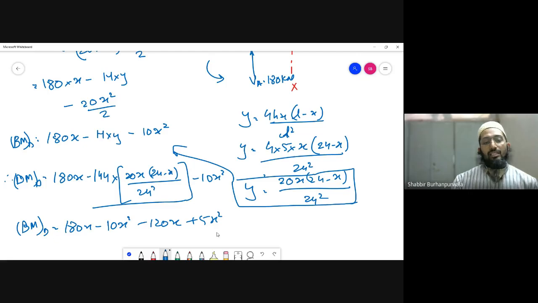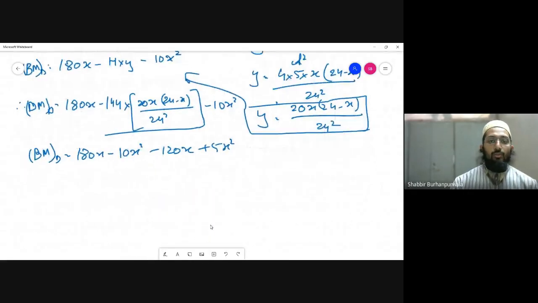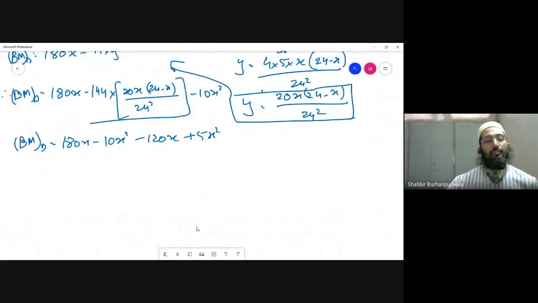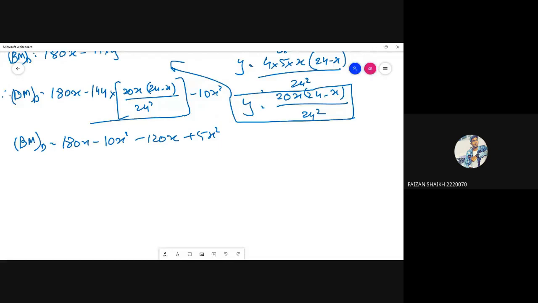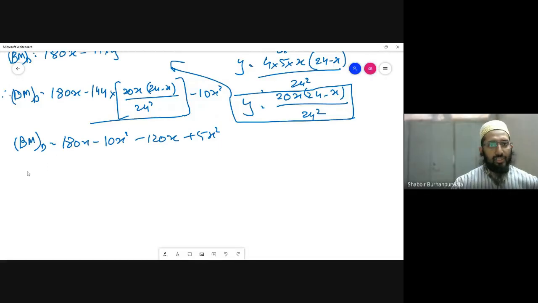Okay, please check this equation whether it is correct or not. Please simplify and get to this equation. Is it okay? Is it correct? Yes, sir. Okay. See, you cannot skip steps.